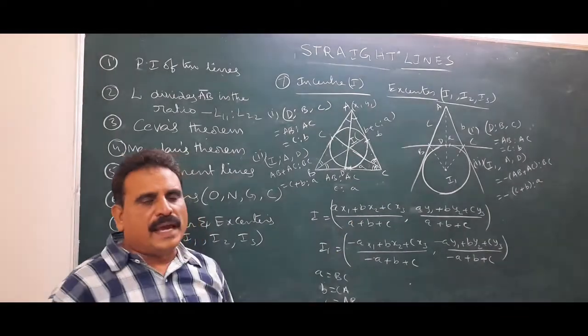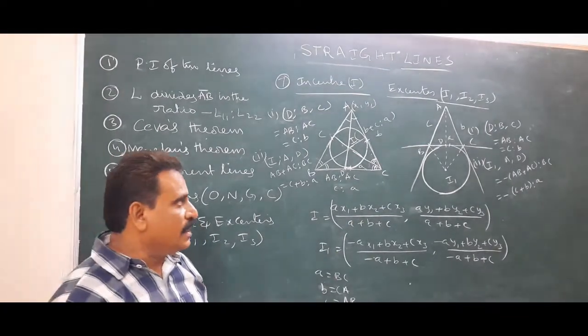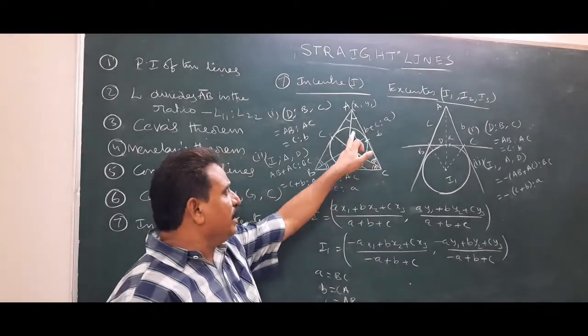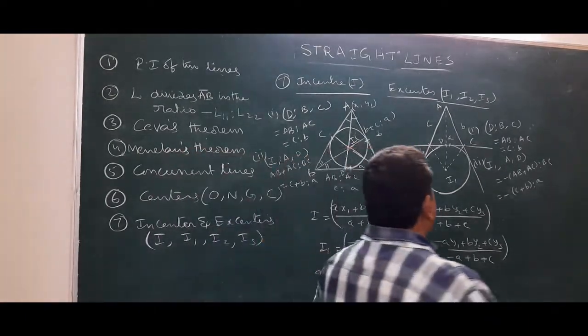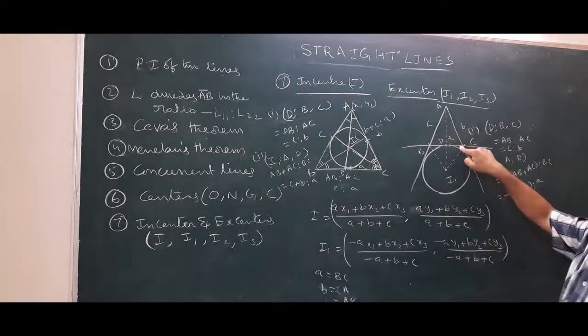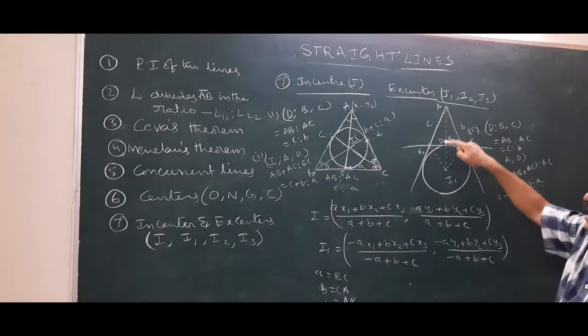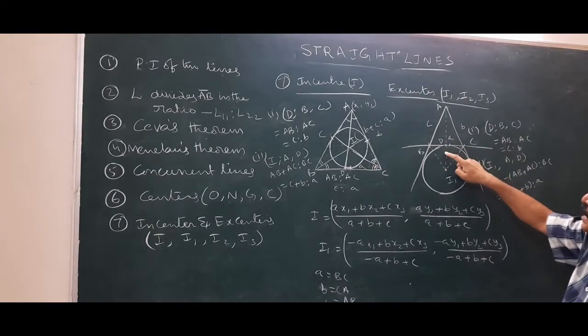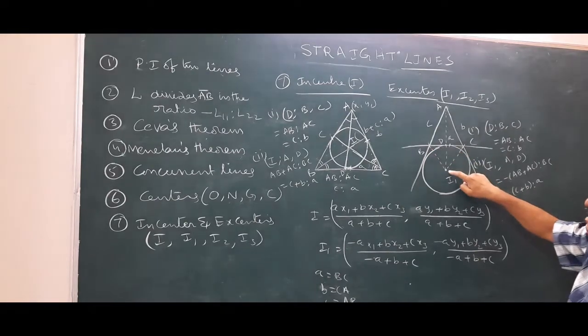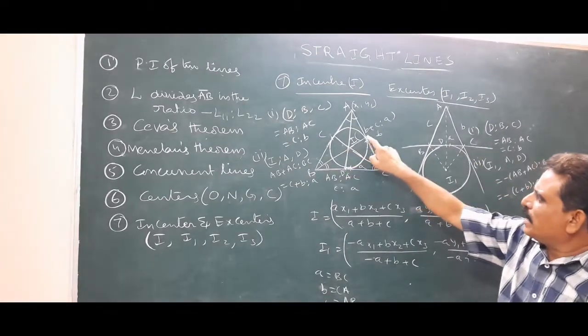Okay, next. Excenter. Here, incenter uses the internal angular bisector. Excenter: ABC is a triangle. AD is the internal angular bisector.